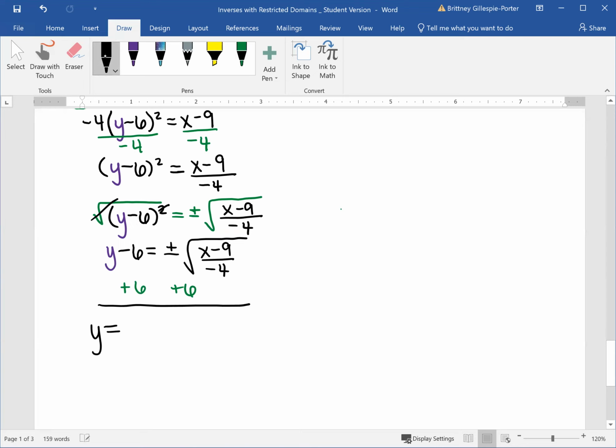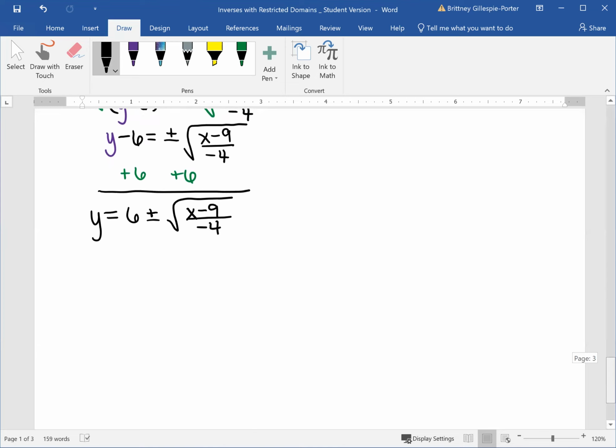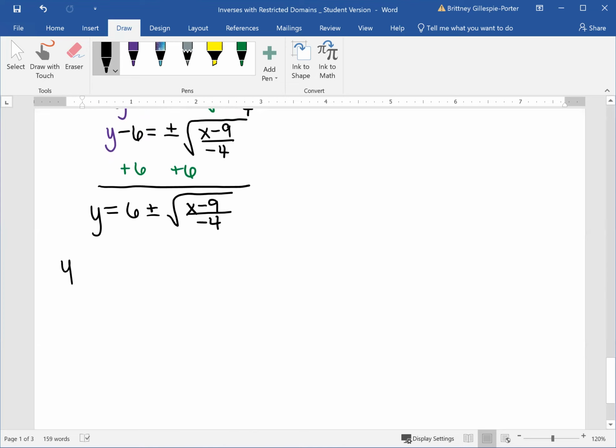And we have y is equal to 6 plus or minus the square root of (x minus 9) all over -4. But remember, inverses can only have one option. You can only have one inverse.